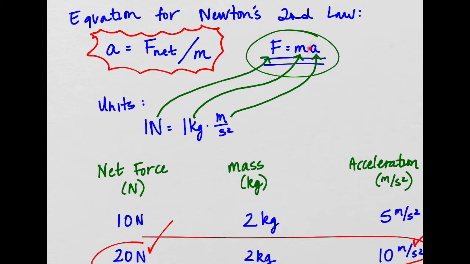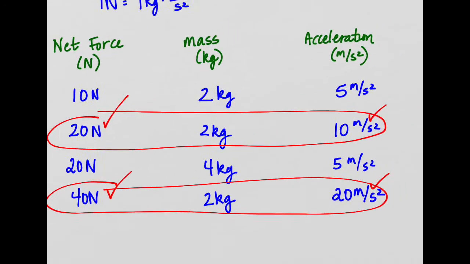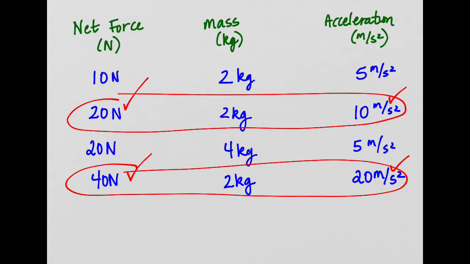But when we rearrange it for A, we get acceleration equals net force divided by mass. All right, then we looked at some different examples of how net force changes as acceleration increases or as mass increases or decreases. We looked at those relationships.